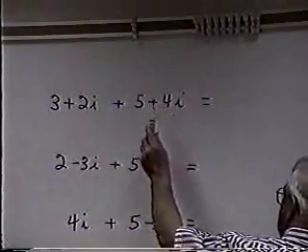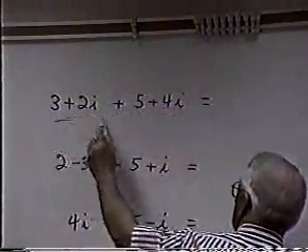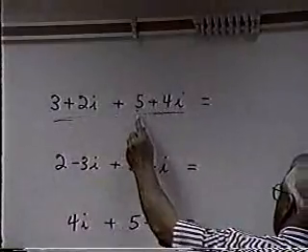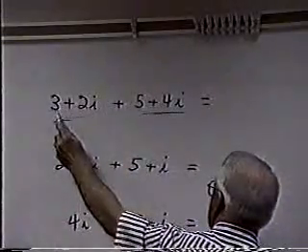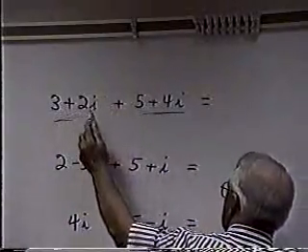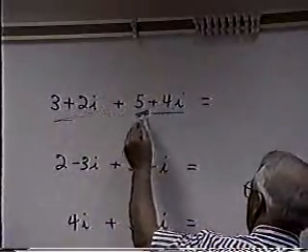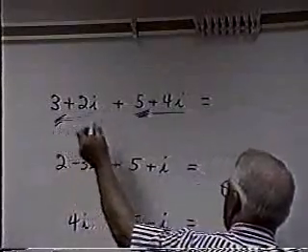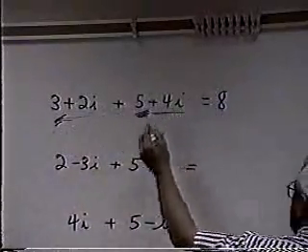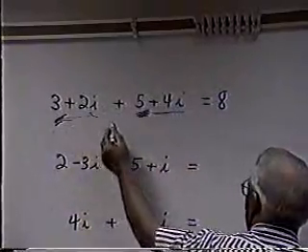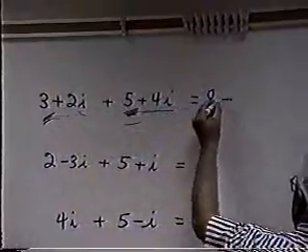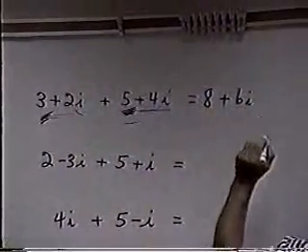Here's all there is to it. When you add a complex number to a complex number, you simply add the real part. Remember, I described this as being the real part and this being the imaginary part. So you simply add the real part, so that's 8, and you add the imaginary part. 2i plus 4i is 6i. That's all there is to it.